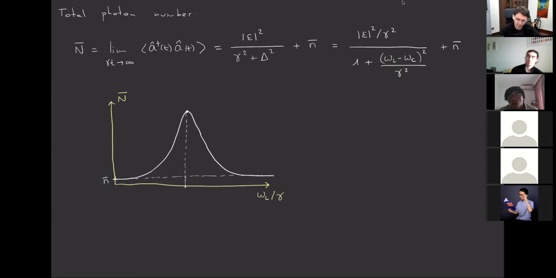This is a distribution that has its center at the cavity frequency, and it has a width that is 1, so it's the coupling gamma in frequency units, in units of the damping. And then this is essentially the maximum of the distribution.